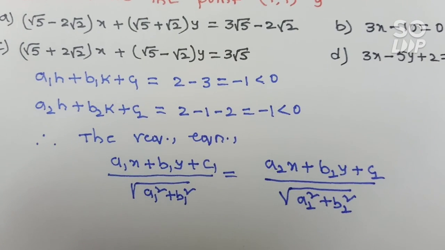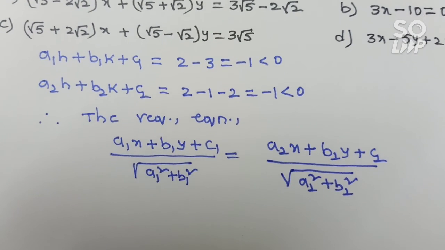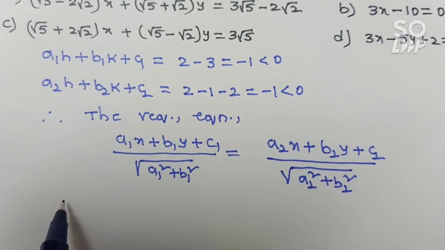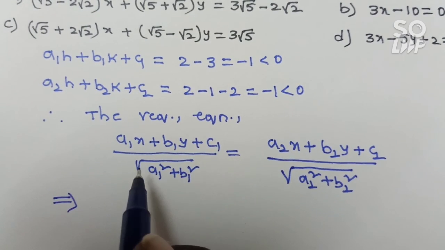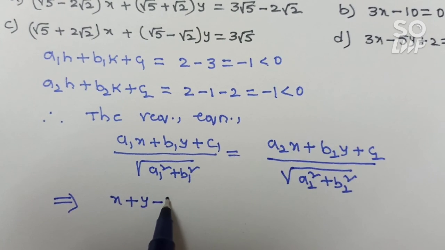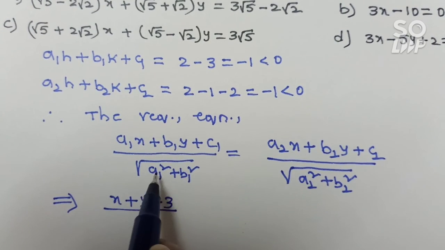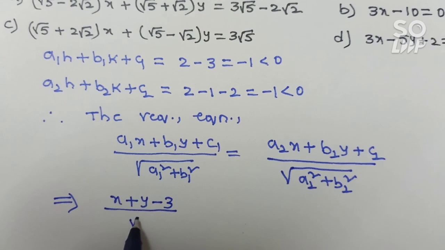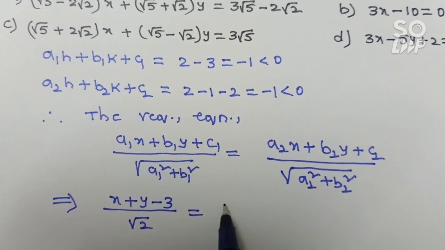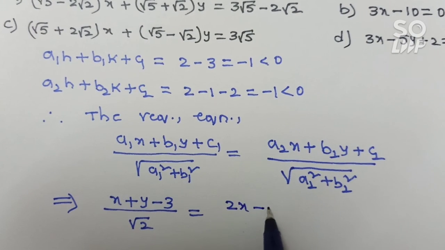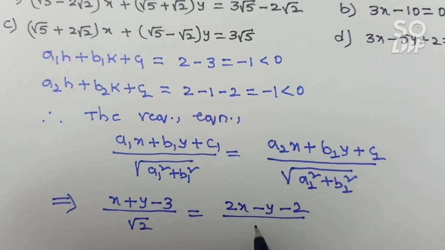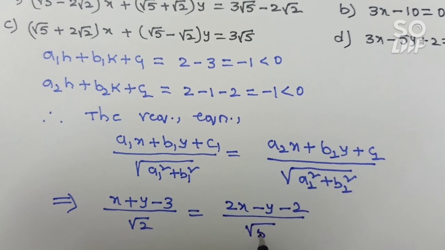Now substitute A1x plus B1y plus C1. The first equation is x plus y minus 3 whole divided by root of A1 square plus B1 square, that is root 2, is equal to the second equation, 2x minus y minus 2 whole divided by root of A2 square plus B2 square, that is root 5.